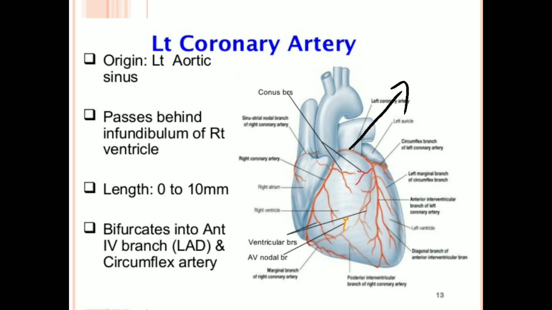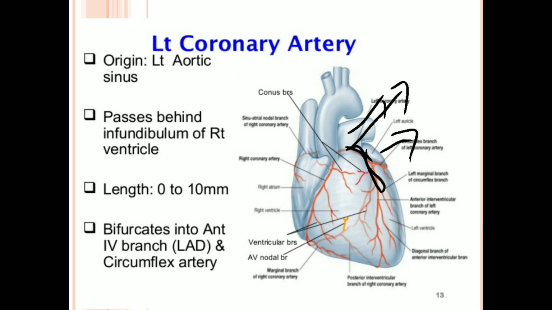Then the course, how the artery runs. The artery passes between the pulmonary trunk and the left auricle. This is the left auricle. You can see here the pulmonary trunk and the left auricle, and it enters the left anterior coronary sulcus. You can see it is entering into the anterior interventricular groove, otherwise called the left anterior coronary sulcus.